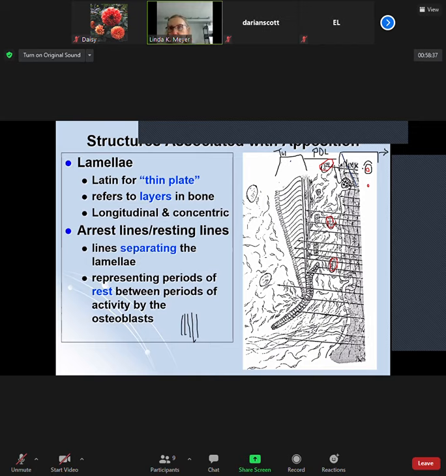So here. Remember, this alveolar bone proper is dense, solid bone. So lengthwise are the longitudinal lamellae, and deeper in are the concentric lamellae, where the bone has a blood supply deeper in the tissue.